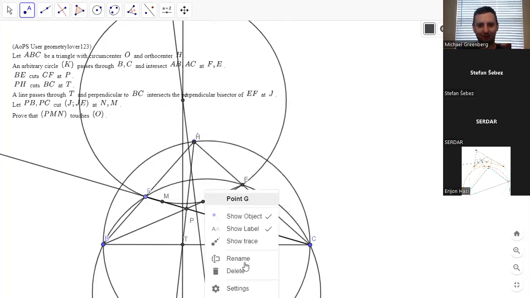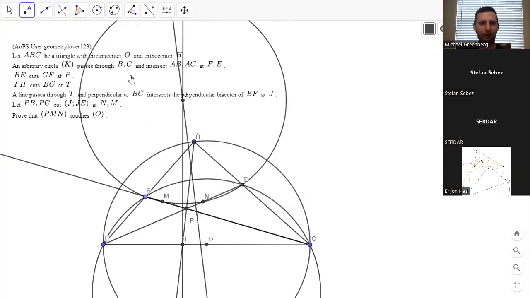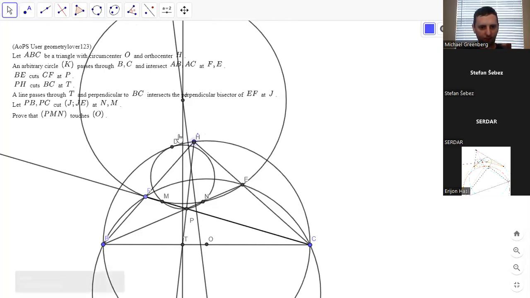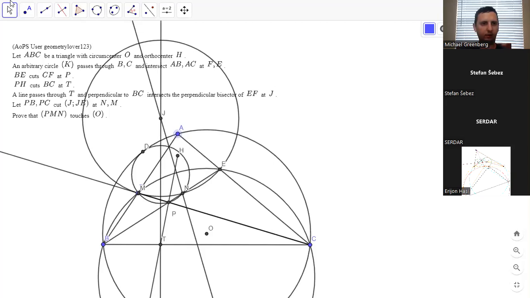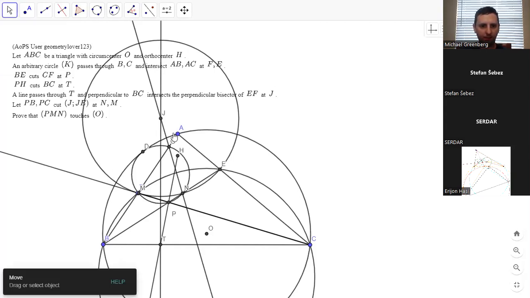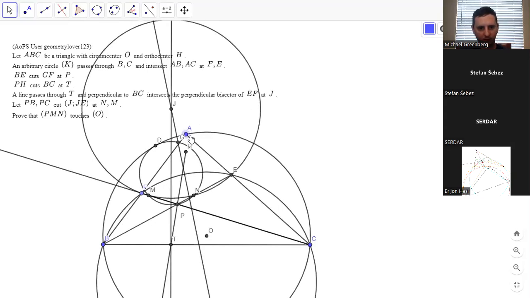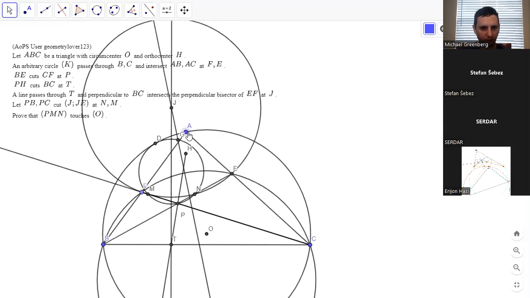We have to show that that circle is tangent to O, unless there's something obviously special about this point. It looks like these meet on that circle. Actually, I don't think they necessarily do.